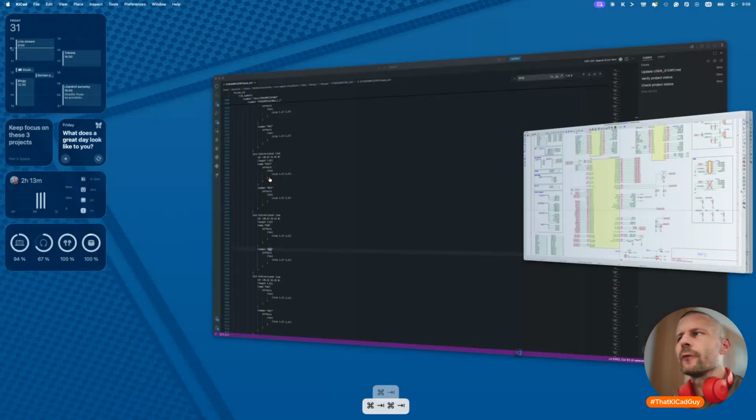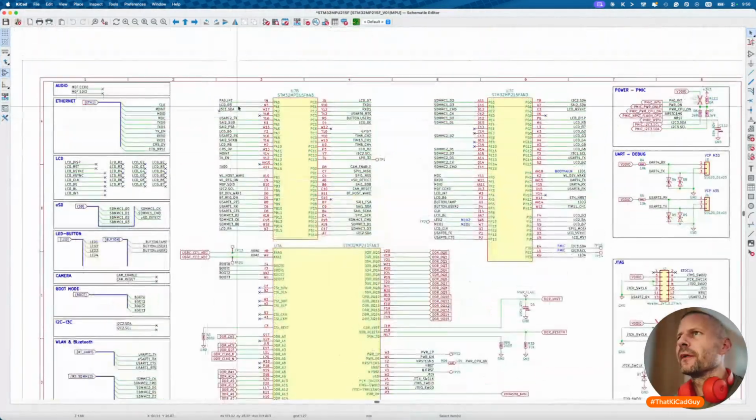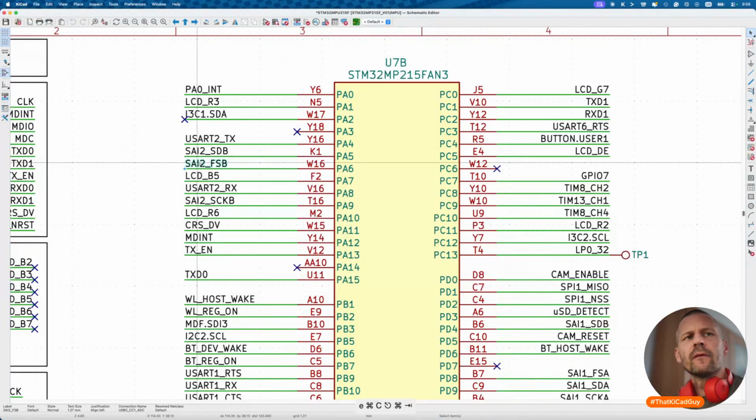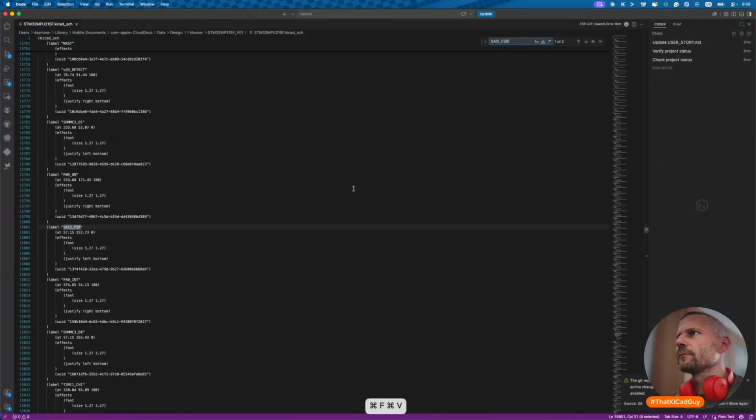Okay, so from the symbol name, from the label name, W16 this. E-label. Because the label isn't connected with a pad, the label is connected with a net. So yes.